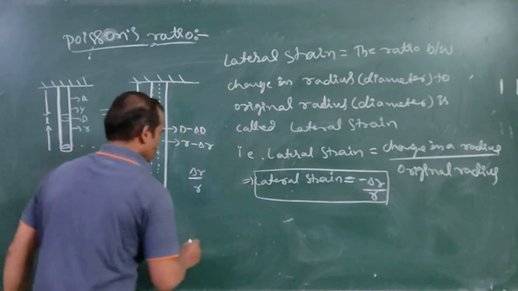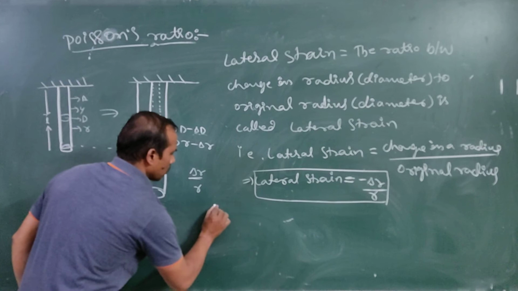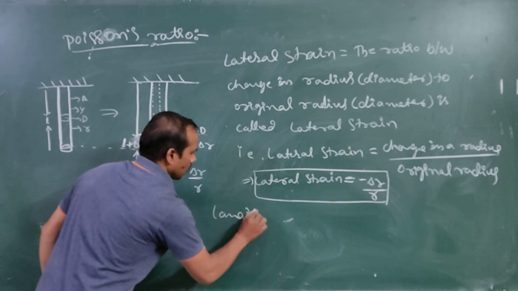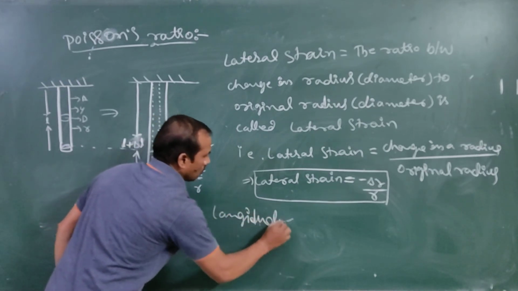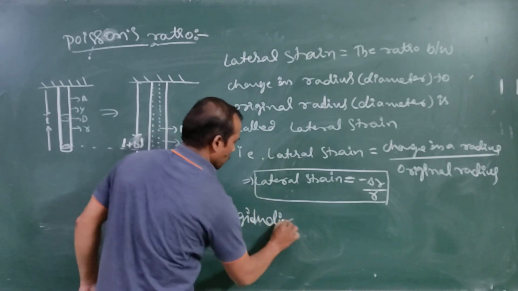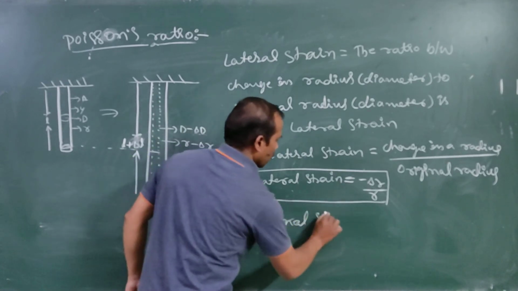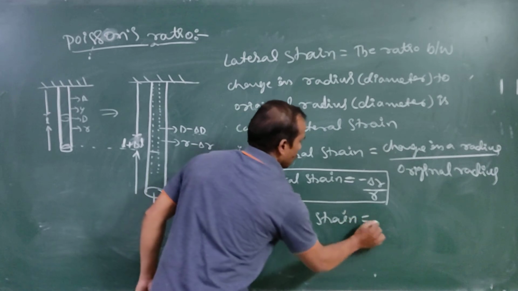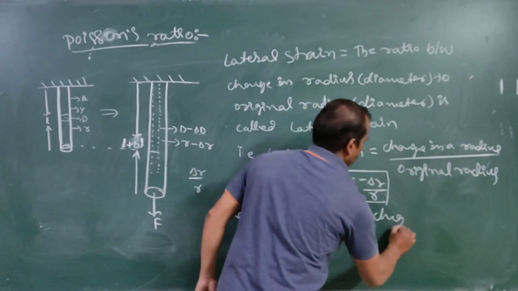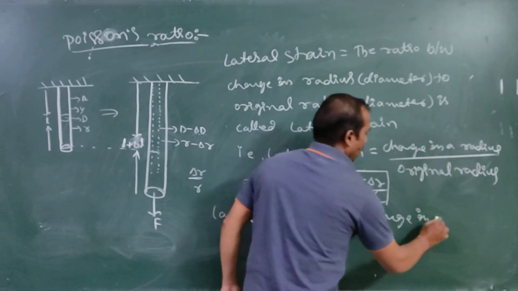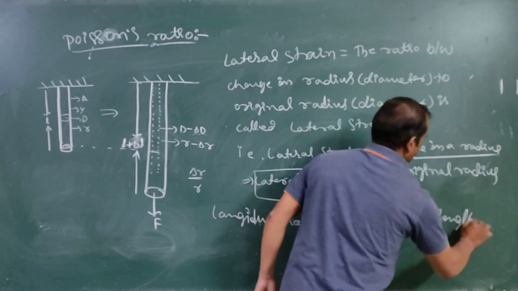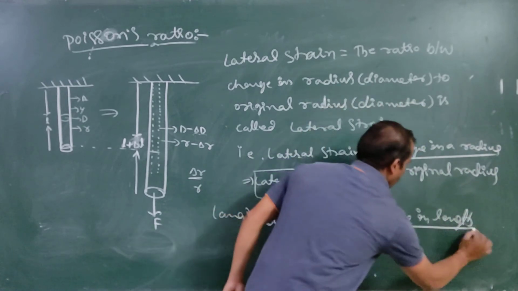So longitudinal strain is equal to the change in length by the original length.